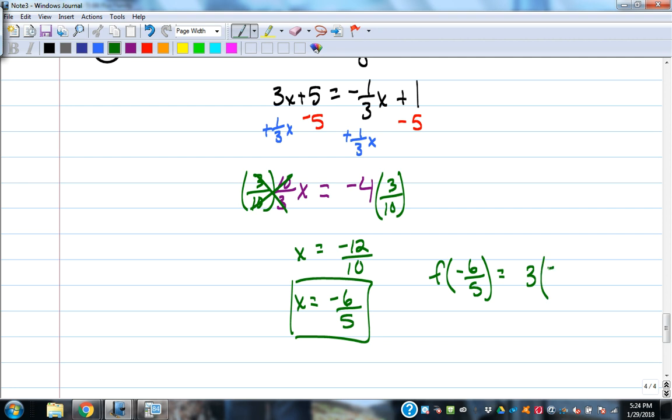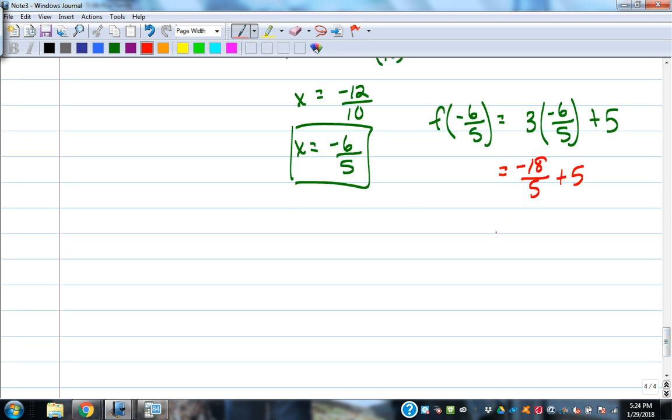3 times negative 6 over 5 plus 5. Gotta love working with fractions because it's fun. Negative 18 over 5 plus 5. You can do that with a calculator if you want to. You don't have to. Just a little general knowledge: that's 25 over 5, and then subtract those two. 25 minus 18 would be 7 over 5.